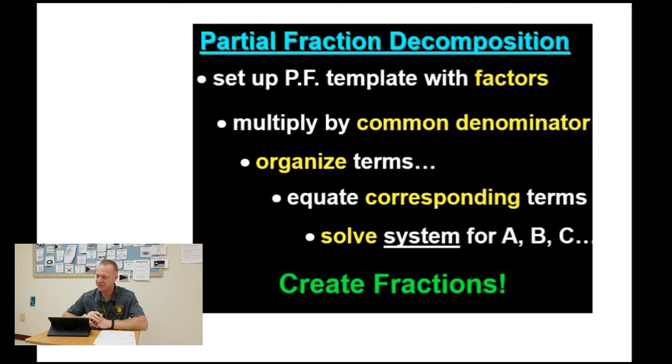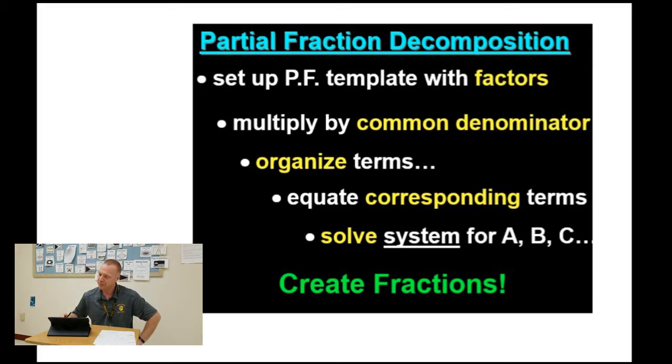We're going to solve a system for whatever we need, whether it's A and B or maybe A, B, and C. But you'll see, the system will jump out at you. Now, the final answer is going to end up being the fractions that we're trying to create. And all that means is we're going to take some information and plug it back into the original template. Ready to go?